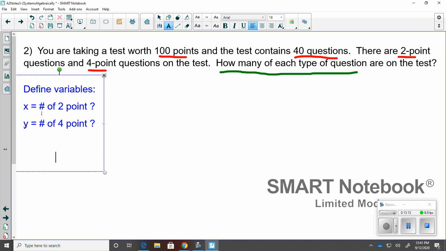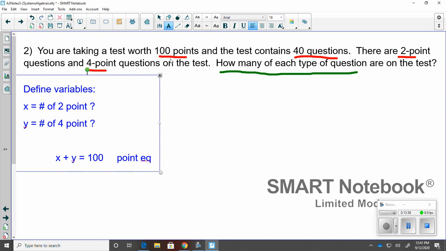But what we do know is that both of these types of questions are on this test, and we know it's 100 points. So that means that X plus Y, the number of 2-point questions plus the number of 4-point questions, has to total 100 points. So the first equation that I've written down is really the point equation, if you will, okay?